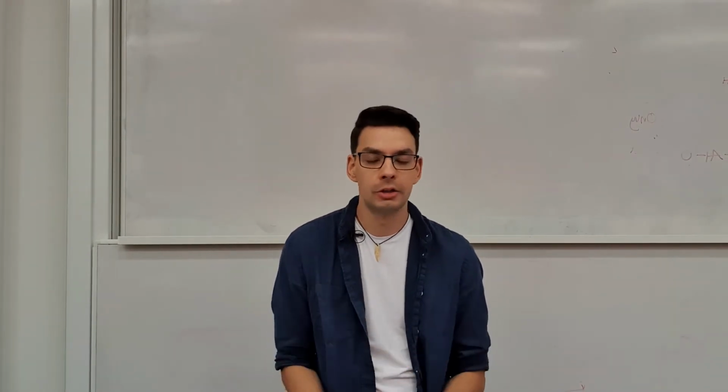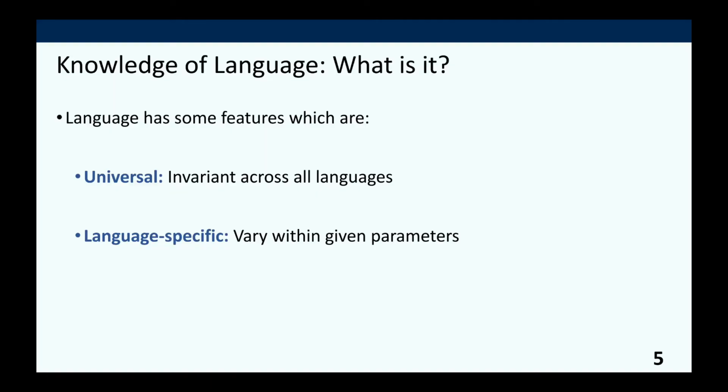So what is knowledge of language? Well, language essentially has two types of features. They're features that are shared across all human languages. These are universal features, and they're features that are specific to individual languages. And with language-specific features, it turns out that they are well behaved. They vary across a set of definite parameters.